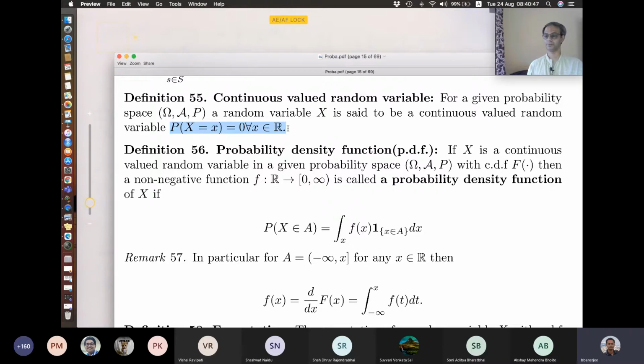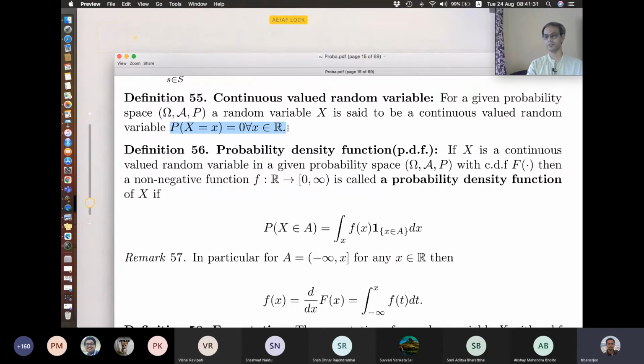and for the probability density function, to get the probability of such a continuous valued random variable, we define a non-negative function f from the real line to 0 to infinity, such that for any set A of this kind, minus infinity to x, you can get that probability in a similar way to what you got for a discrete valued random variable. Instead of summation, you have integration of f(x) times the indicator function, x belongs to A, dx.